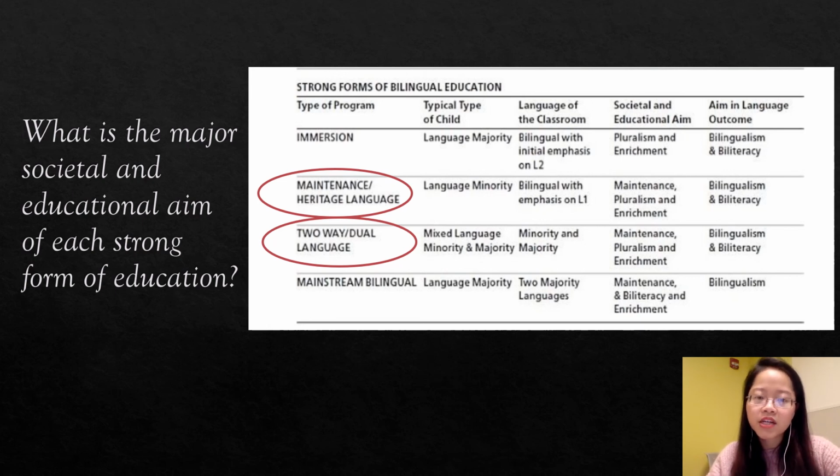Enrichment bilingual education absolutely requires a high level of community support and involvement. It also demands a lot of financial support, and it is more complicated to operate, to set up, and to schedule for students and teachers to attend classes. However, the results are very highly promising.